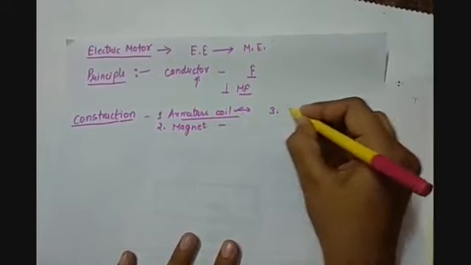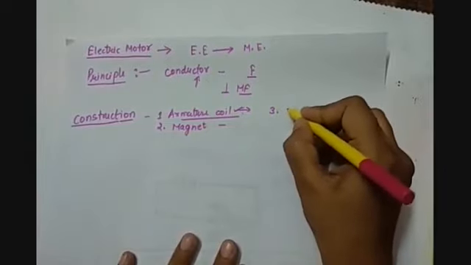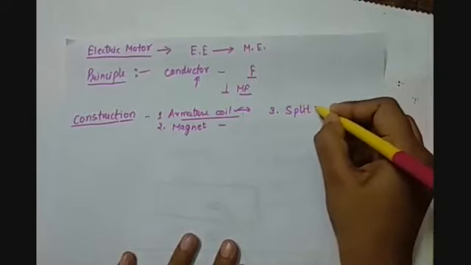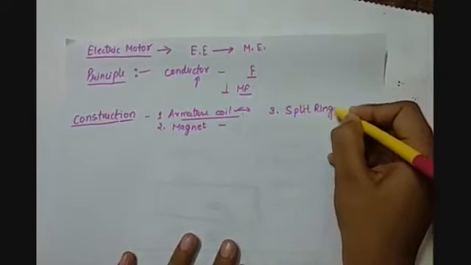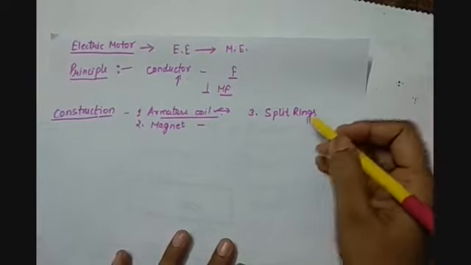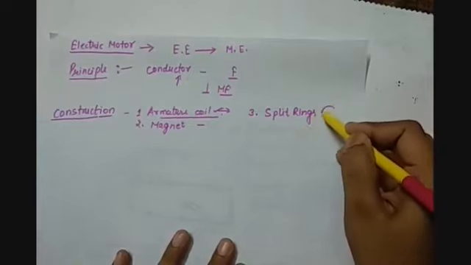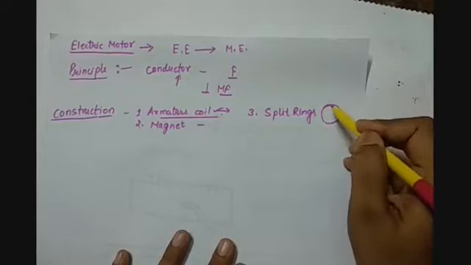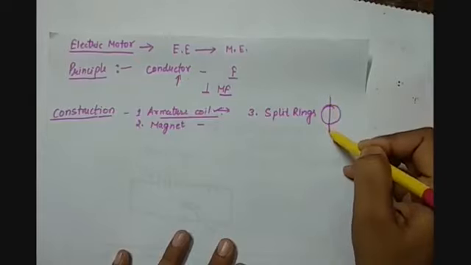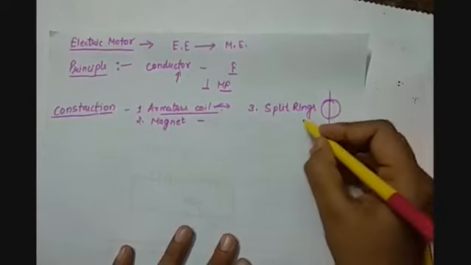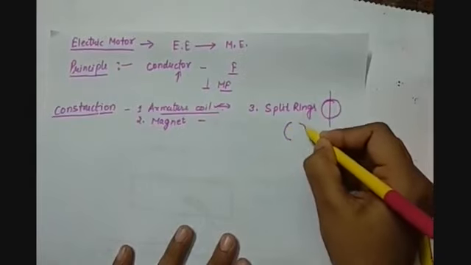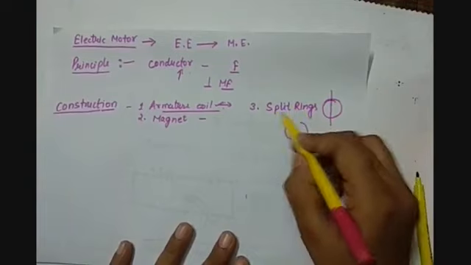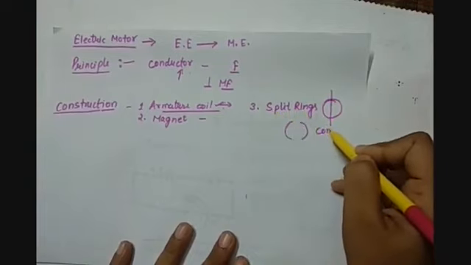Third, we need the split rings, which are made up of some conducting material like copper, and it is a copper ring cut in between. So we are having the two halves in this way. Split rings are also called commutator.